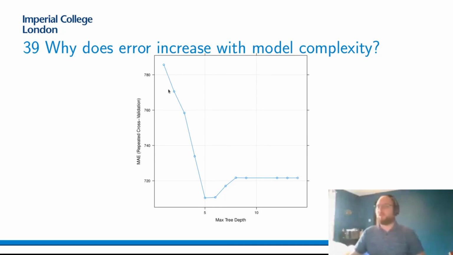If you're less than 5, you're fitting overly simple models, and you're not capturing some of the important and real structure in the data. And so this is why it's so important to tune these models. There's no way of knowing beforehand that 5 was the right value here. We just had to try a bunch of tuning parameters and see which one works best.